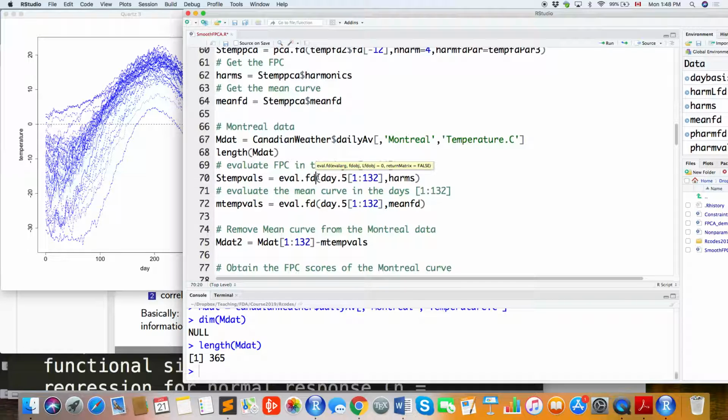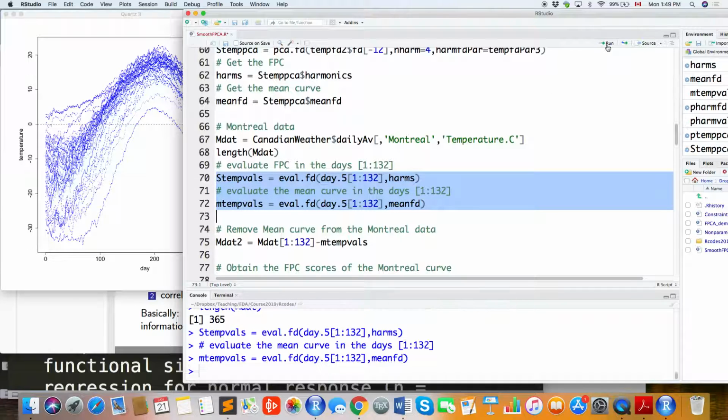We have this FPC here. We evaluate the FPC on days 1 to 132, and also evaluate the mean curve on the first 132 days.